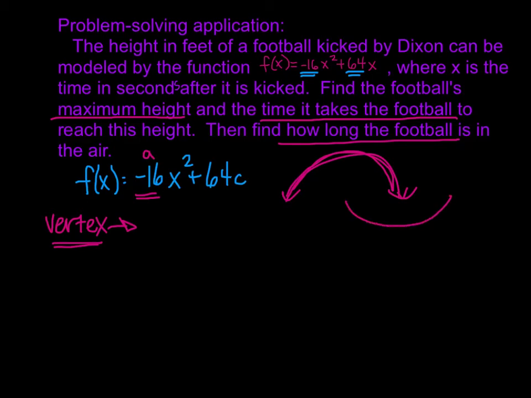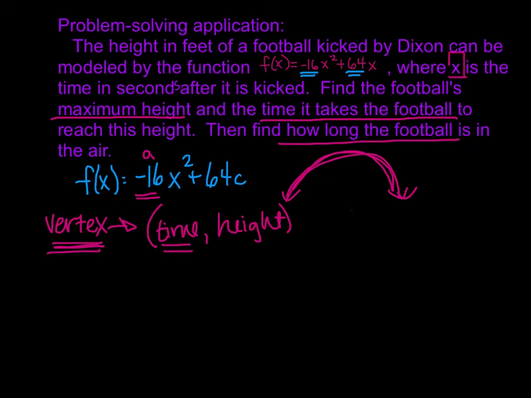Dixon's not going to be kicking a football like that, I sure hope. So we need to find the vertex, and part of that vertex is going to tell us time, and the other part is going to tell us the height. The reason I set it up as time in the x-coordinate is it says x is the time in seconds after it's kicked, so the x-coordinate is time.